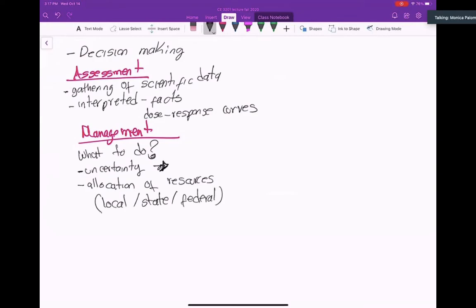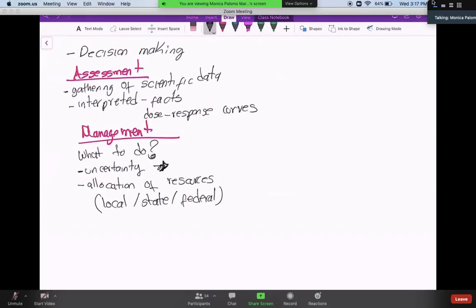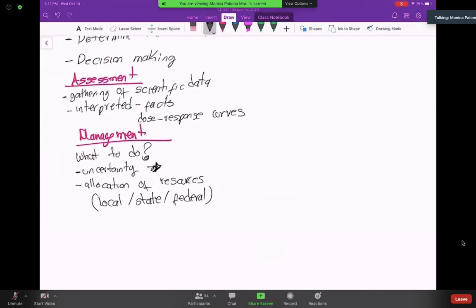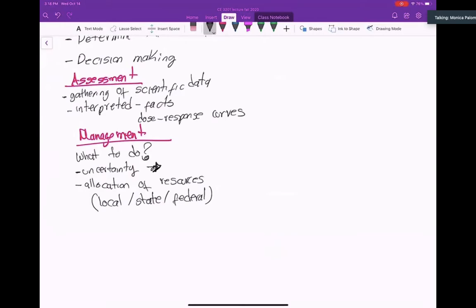For example, for the fires, the allocation of the resources for fires could come from all the different levels of funding, local, state, or federal. And whoever is making the decision is going to be deciding why and justifying that too.